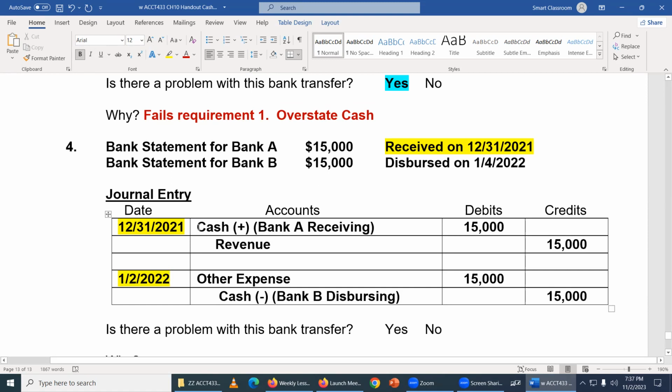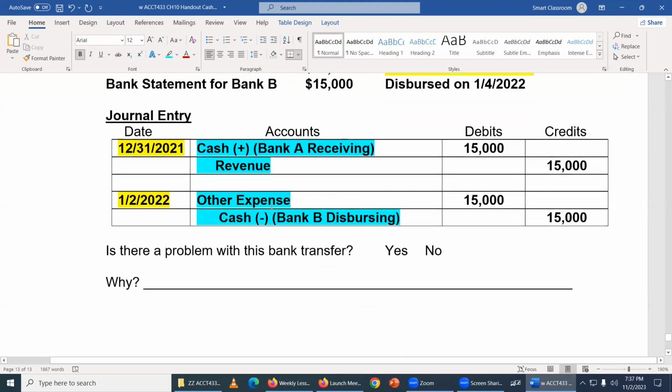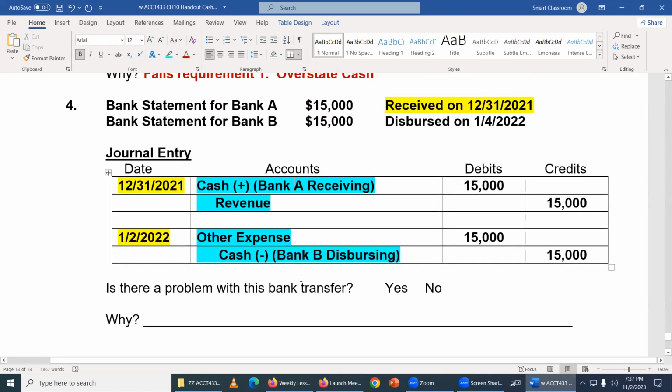They're not made on the same date. They're not made at the same time. These are made at 2 different times. So the disbursing and receiving bank, they're made at 2 different times. So this fails both.